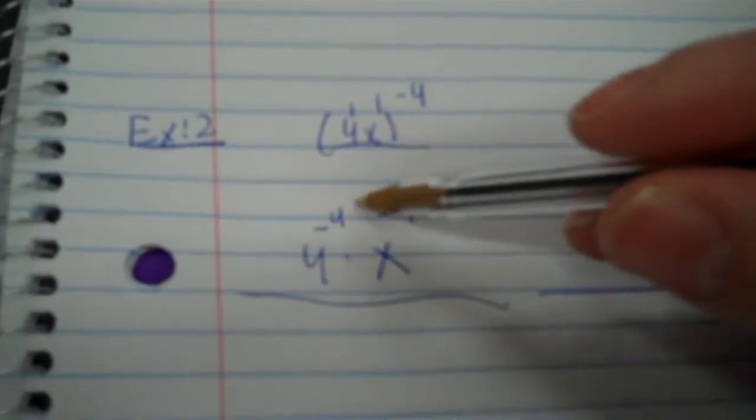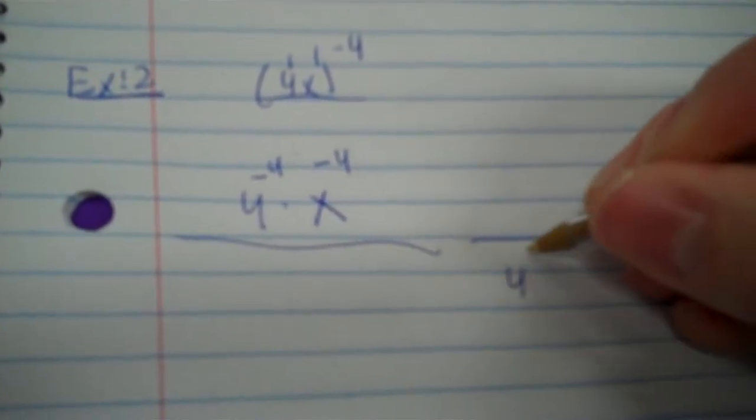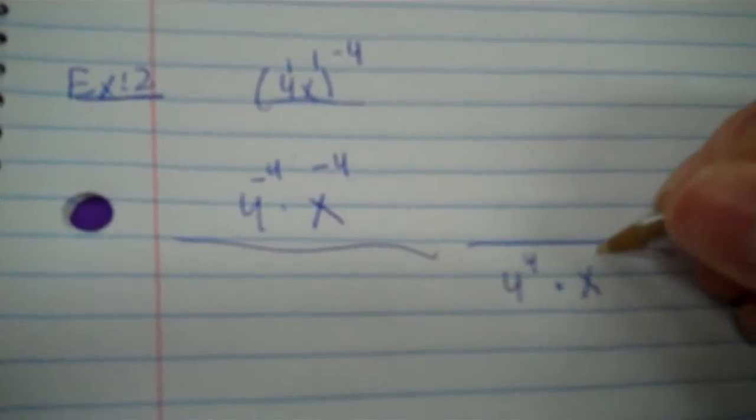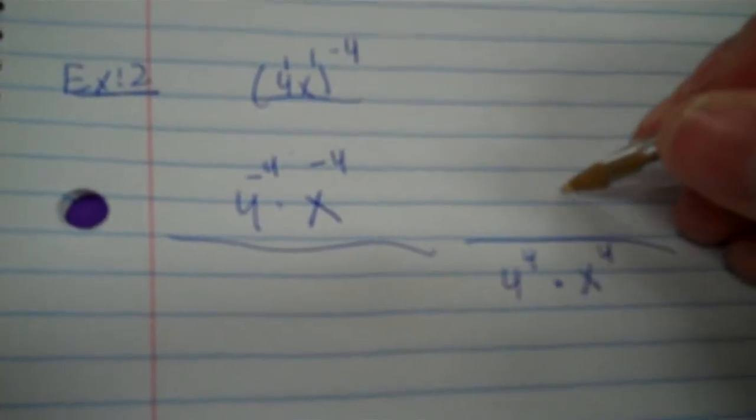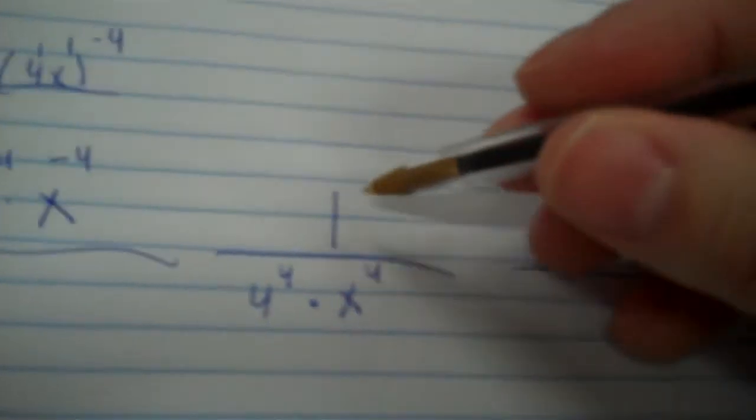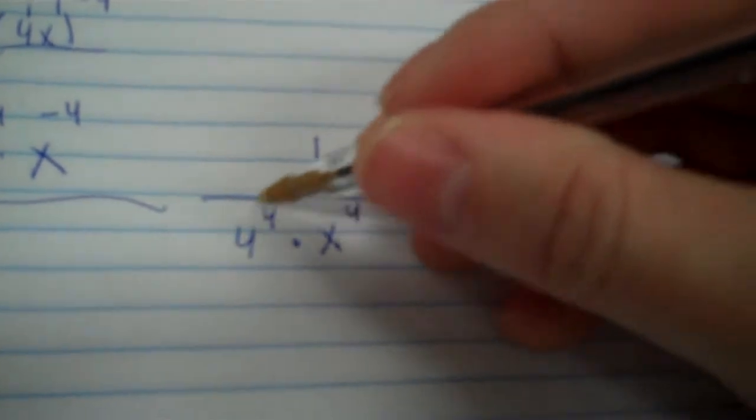We don't just bring those straight over, they have negative exponents, so they need to go down where I can write them as positives. I put a 1 on top. Now I've got the 1. I can simplify the 4 to the second. That'd be 4 times 4 times 4 times 4. That's 256.